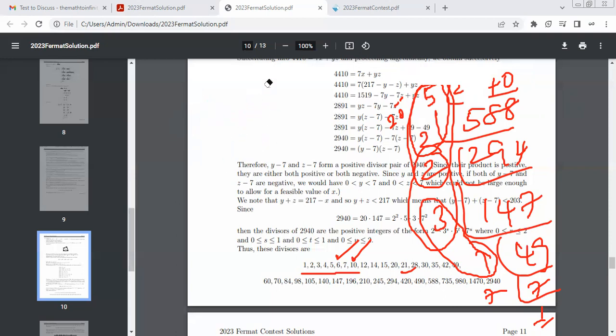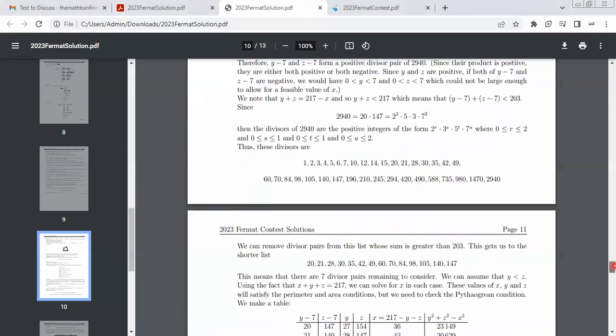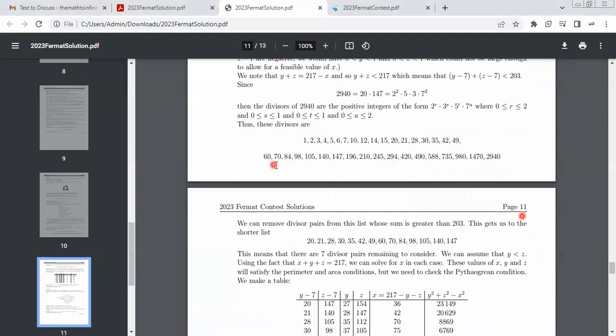I hope you follow it. So you have to list down all the prime factors and the product of factors as well. Please make sure you have used all the possible combinations. Once you derive this, you'd be able to create this further.